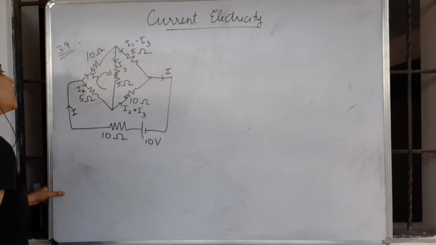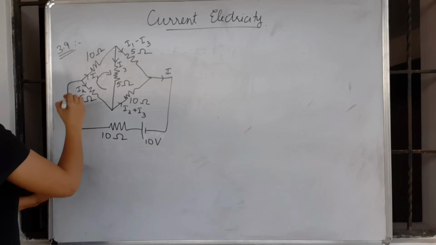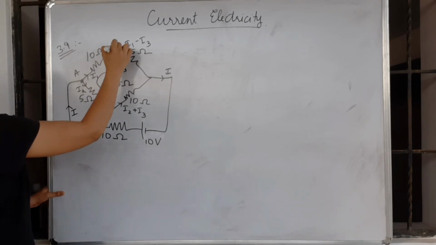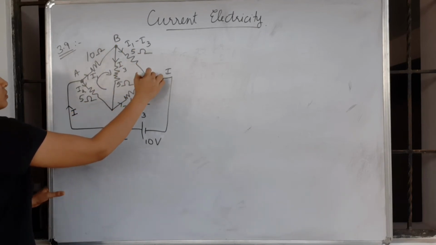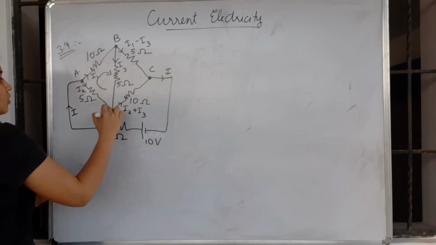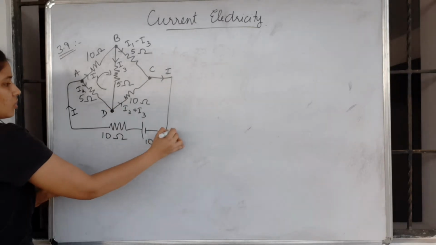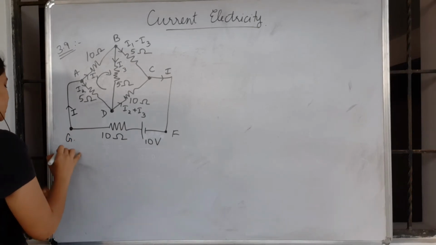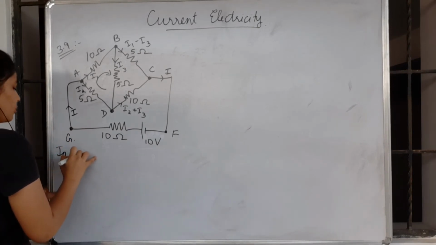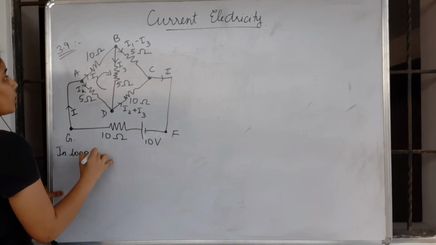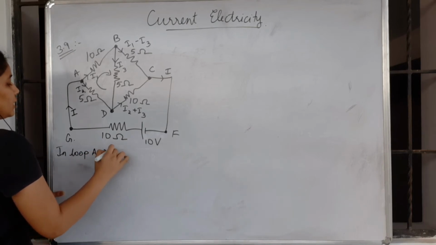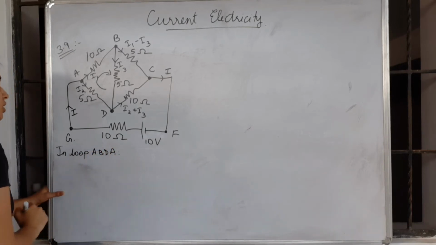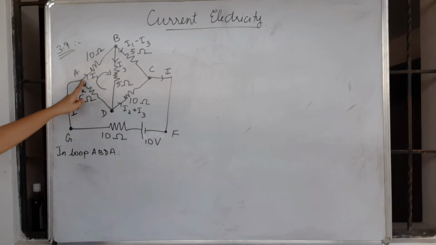Let us name these first of all: this is A, B, C, D, this is F, this is G. First let us take the loop A, B, D, A.